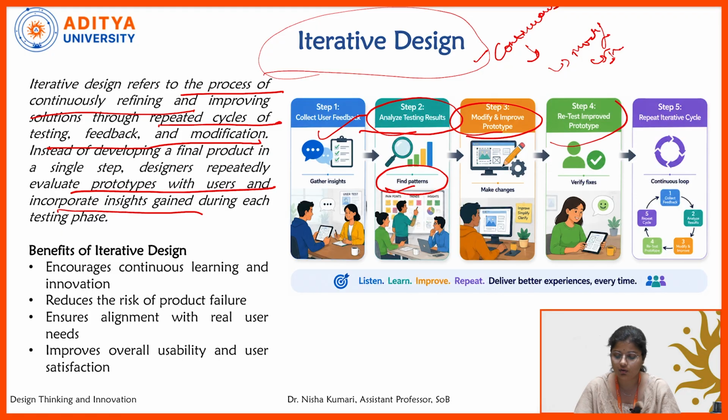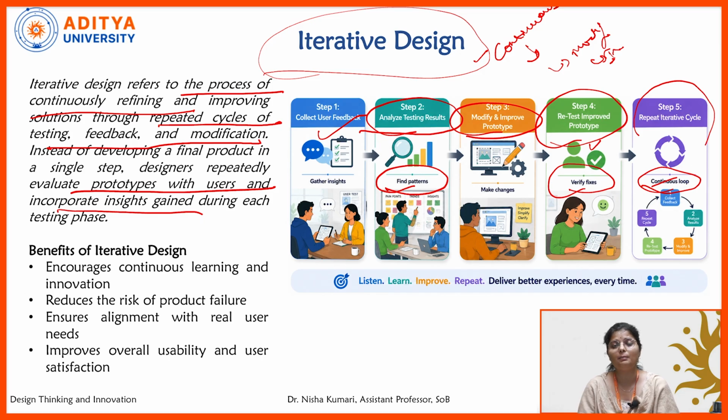Again we retest the prototype with the users and get feedback, and we verify with the users whether we have fixed the problems they were facing previously or not. So again we repeat the same cycle. It's a continuous loop. We continue the process until we get the best result and best feedback from the users.